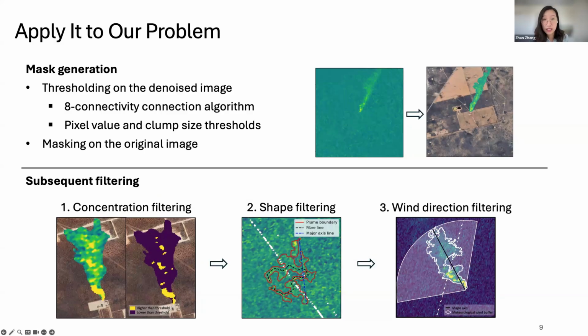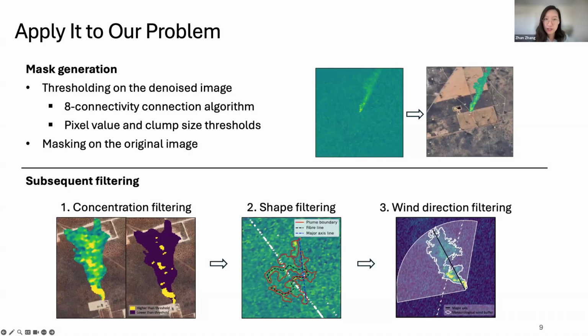After generating these initial masks, we apply a series of additional filtering steps. First, we want to see whether the concentrations within the plume make sense or not. So we check whether the plume contains smaller clumps of higher concentrations, or in other words, hotspots that commonly appear within the plume. Plumes with no such hotspots will be filtered out.